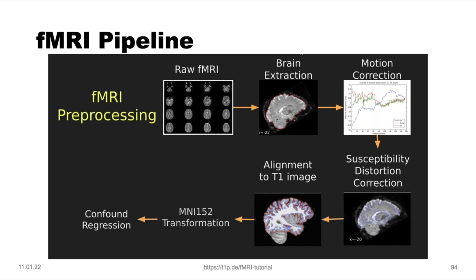So it's a kind of co-registration in time. And there's another distortion correction. At the end, we have to co-register this fMRI time series again to the structural T1 scan of the subject. And for group analyses, we can then transform it to the MNI template space and do some regression, for example, if we want to measure a contrast in a specific fMRI task.